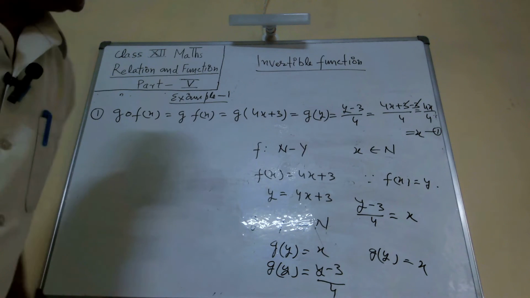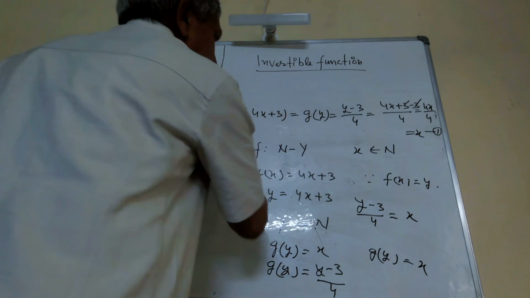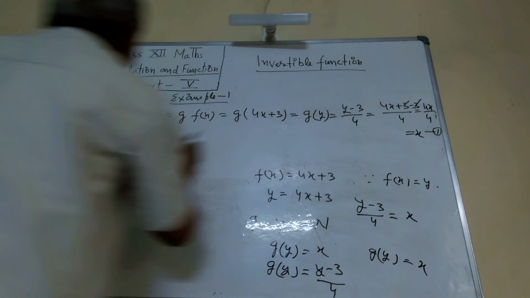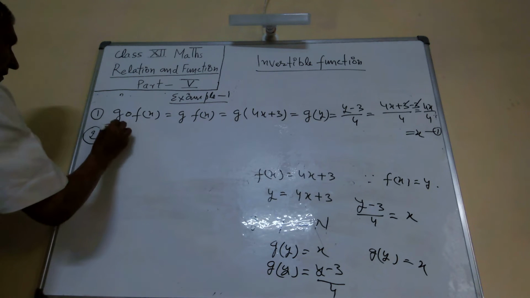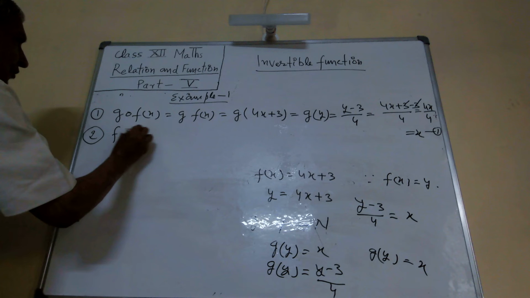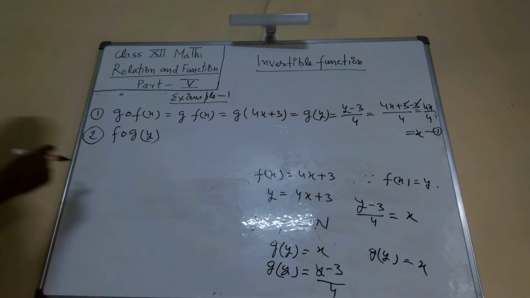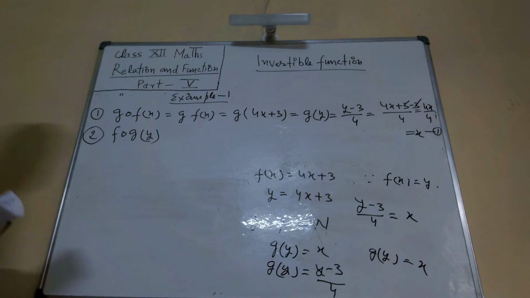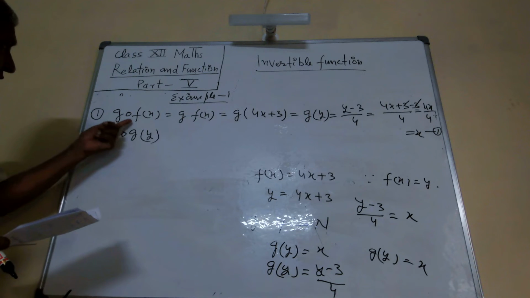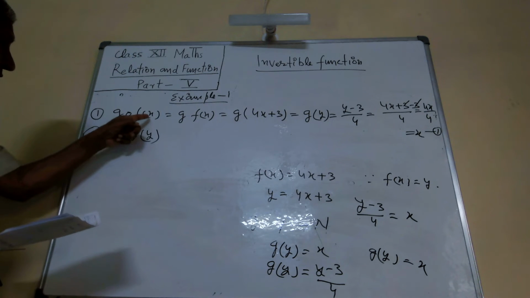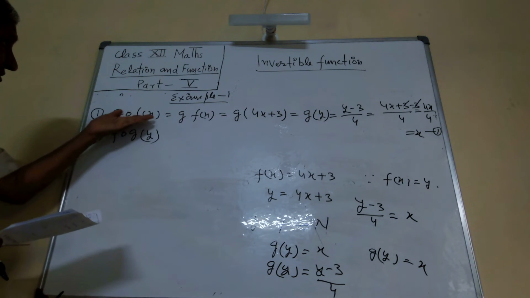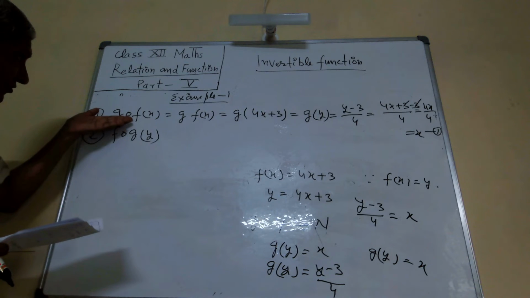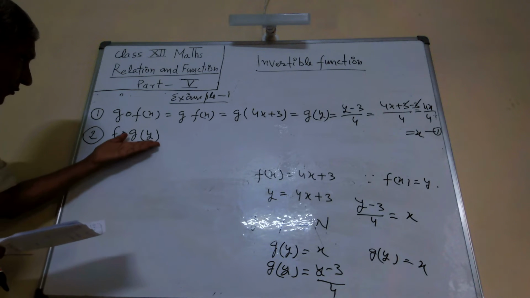Now the second condition, f∘g(y). Here listen to me very carefully. If you write the function g∘f, you have to write down the x, because x is dominant in this function, and in f∘g, y is dominant.